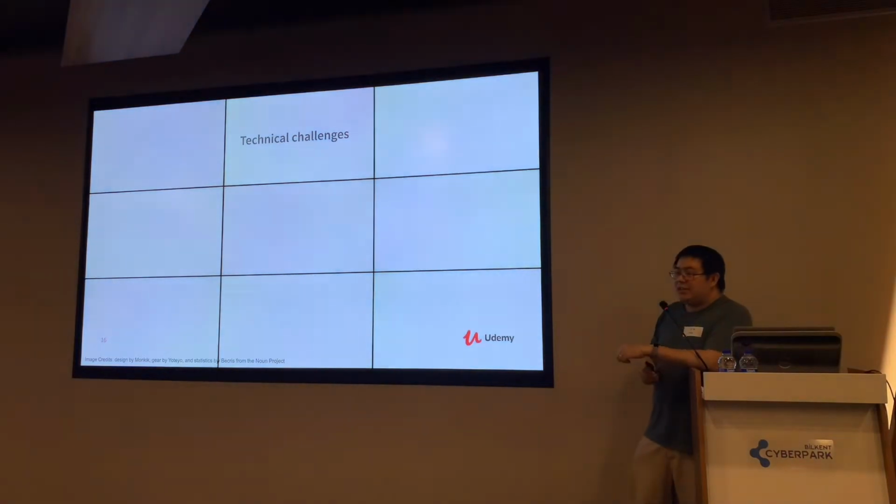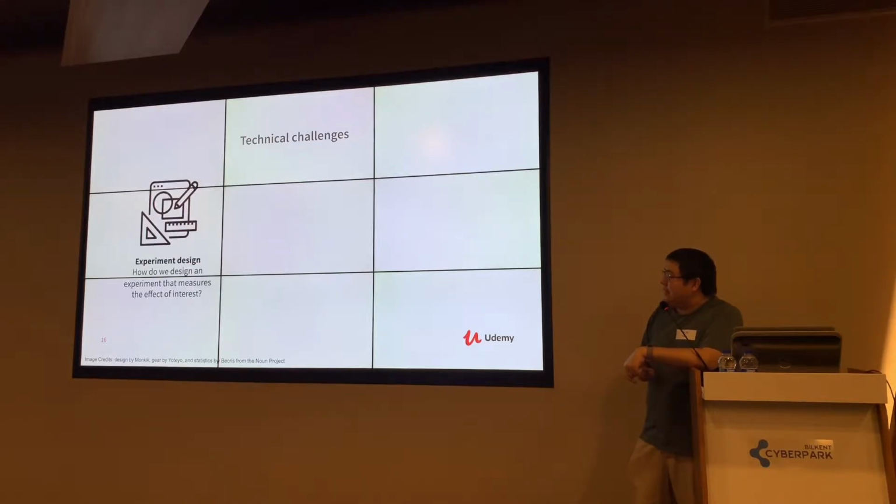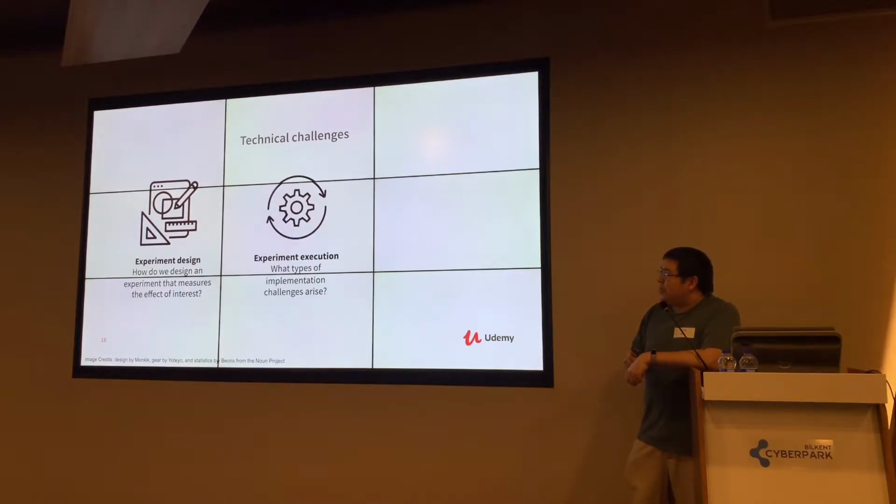On the technical challenges side, I would group the technical challenges that you might face into a couple different areas. One is problems with experiment design, right? You might think, oh, it's very easy to design an experiment because all you need to do is have a control group and then a treatment group. But as you'll see in just a sec, sometimes it's much more subtle than that. Another type of technical challenge that can come up is experiment execution.